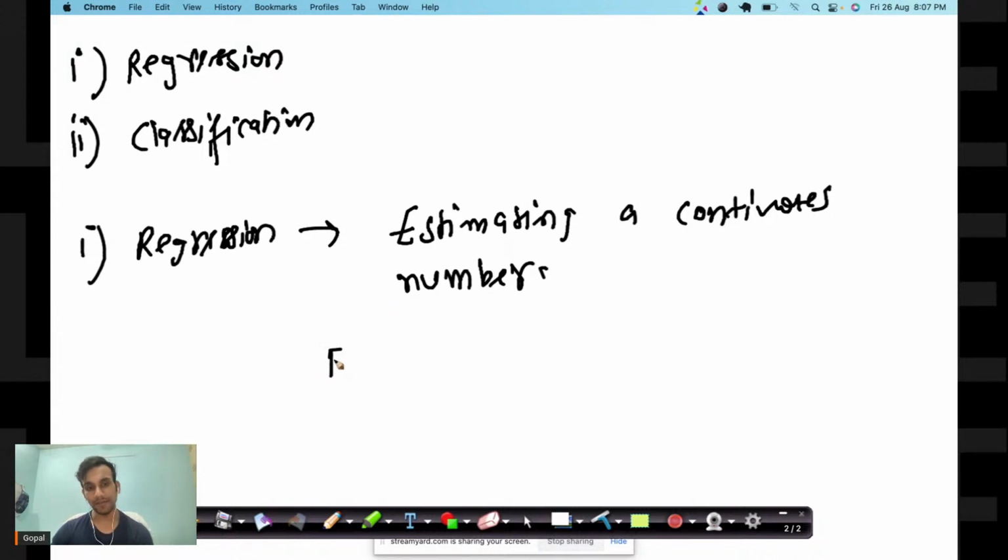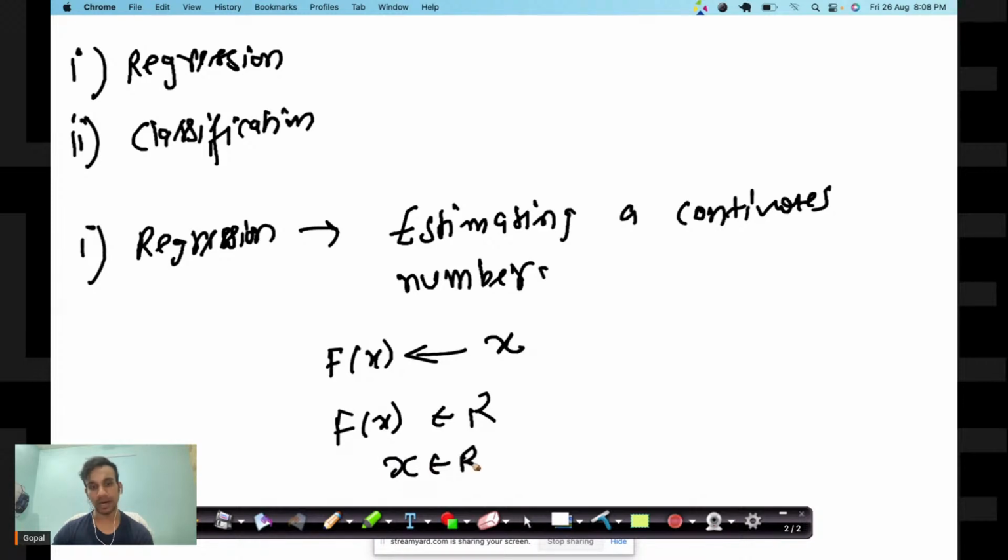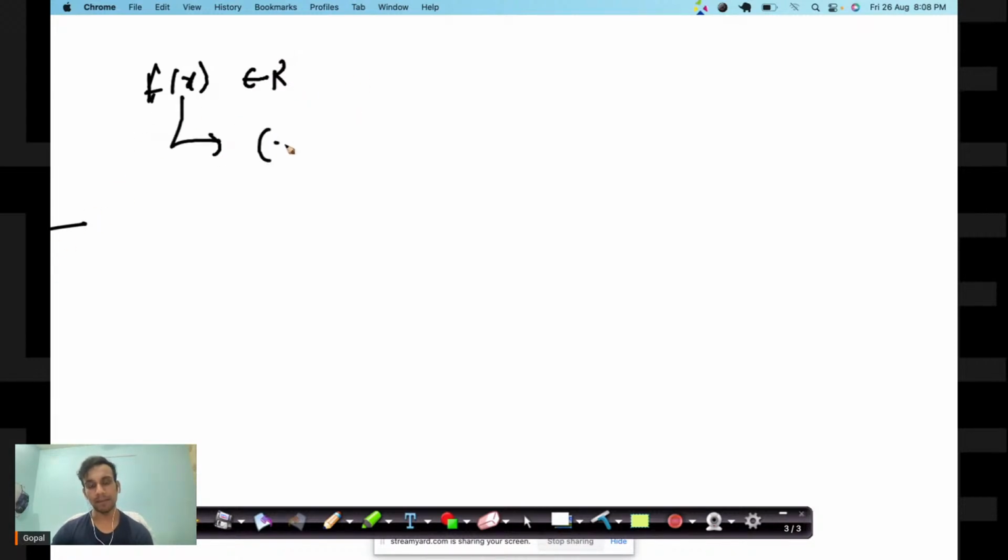So when I say f(x), when it gives you an output, this f(x) belongs to R, and this x can belong to R as well. I am going to explain what all of this is about. If I say here f(x) belongs to R, it basically means this f(x) can have a value between minus infinity to plus infinity.